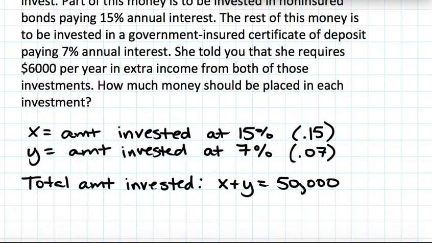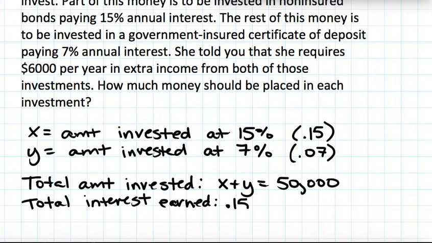Move the decimal point 2 places or divide the percentage by 100 to get the decimal. So the total interest earned equation is 0.15x plus 0.07y equals the total amount that she wants to earn in interest, $6,000.